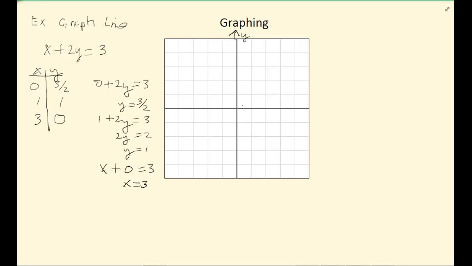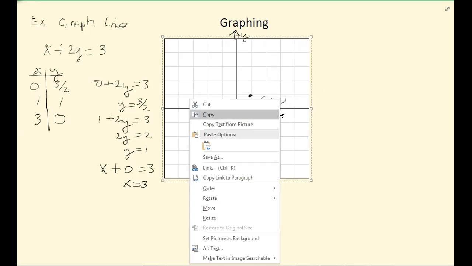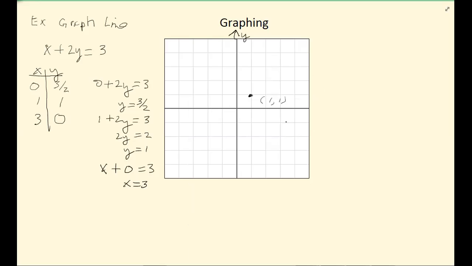Now, let's pick that 1, 1. It's right here. There's 1, 1. Then 3, 0. That's right here. Okay, 3, 0. Now, let's put that other one in there. 0, 3/2.